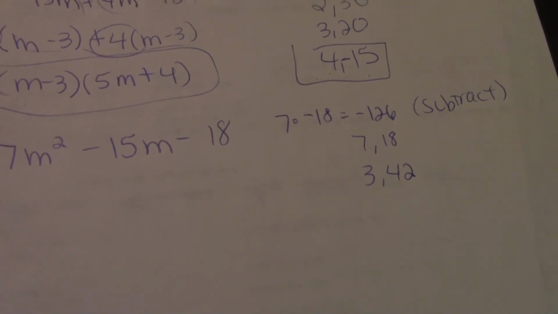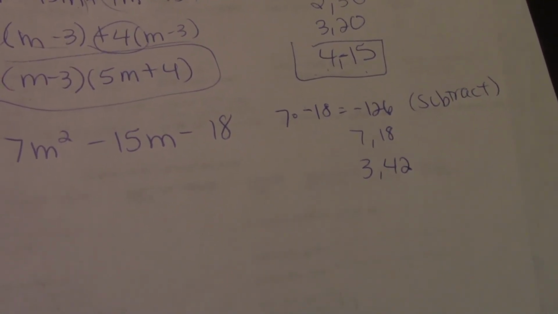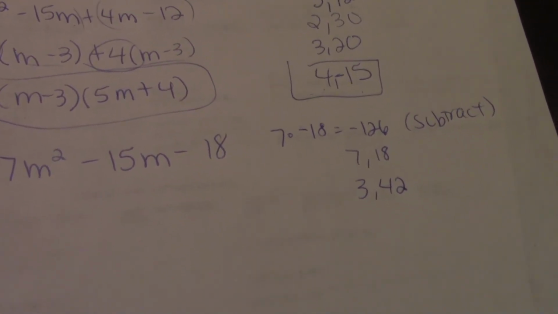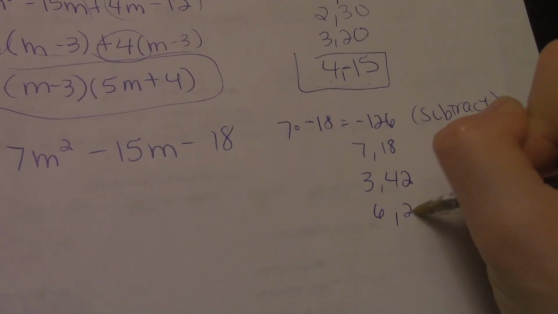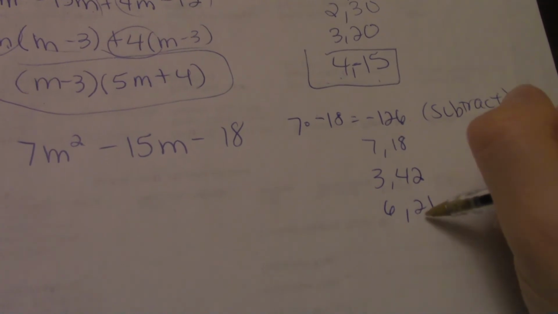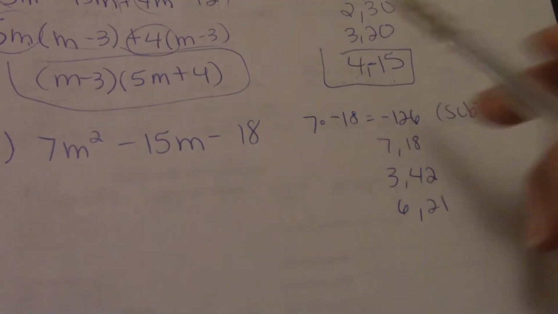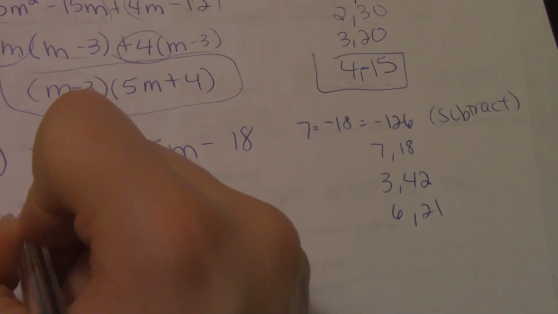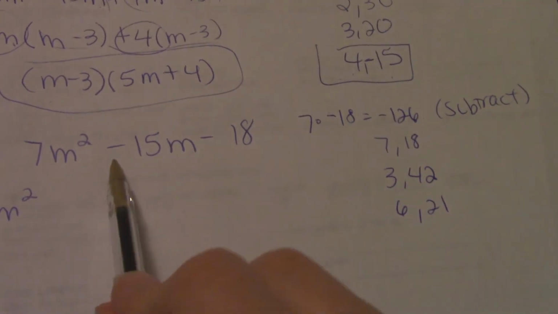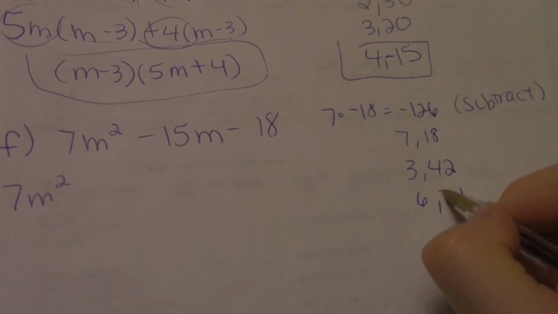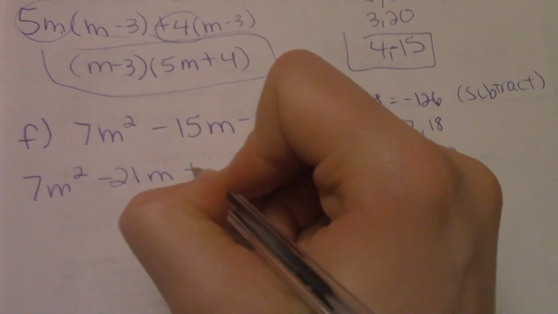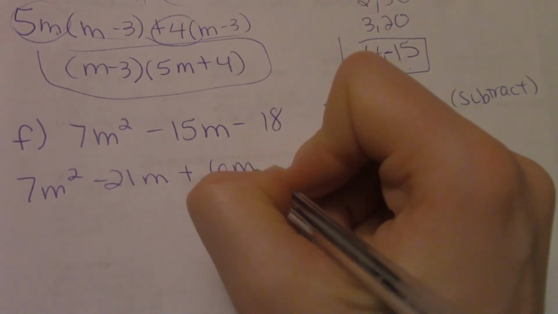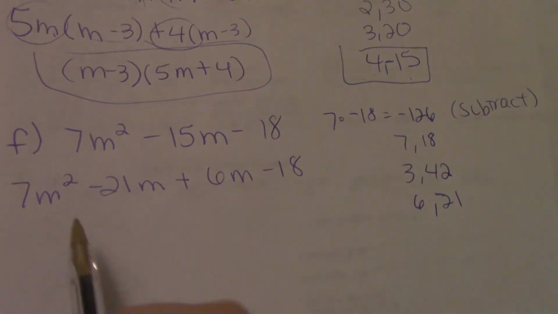Since 3 went in there, I tried 4. 4 gave me a decimal. 5 doesn't go in there because it's a 6 in the end. Let's try 6, and it gave me 21. Now when I subtract these, I do get 15. So 7m squared. Which one has to be negative to make a negative 15? It's a 21. So minus 21m plus 6m minus 18.